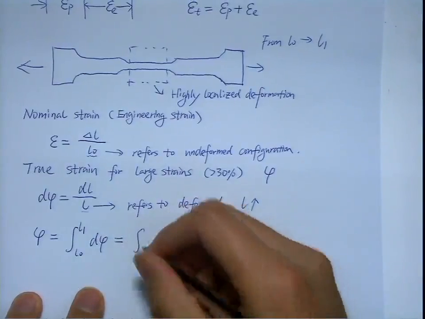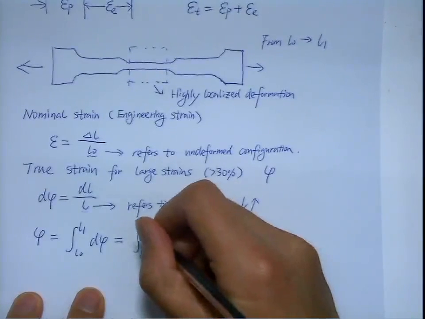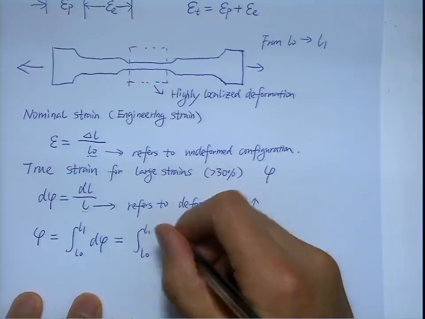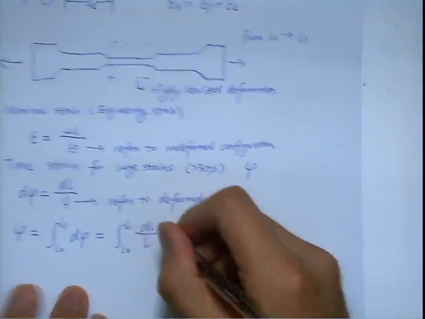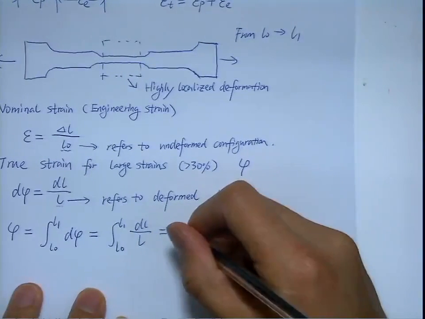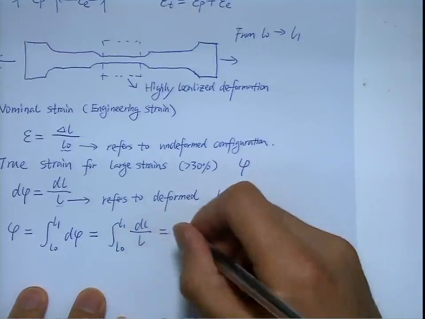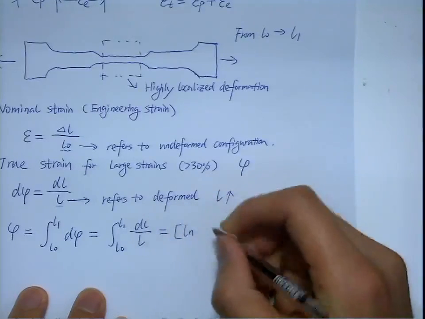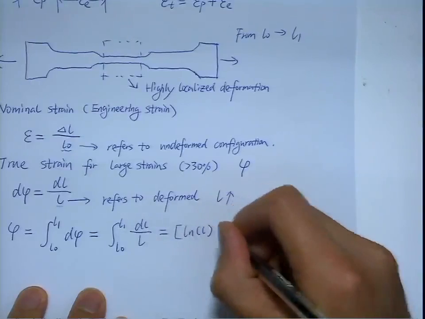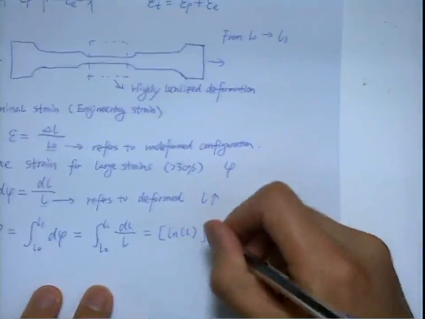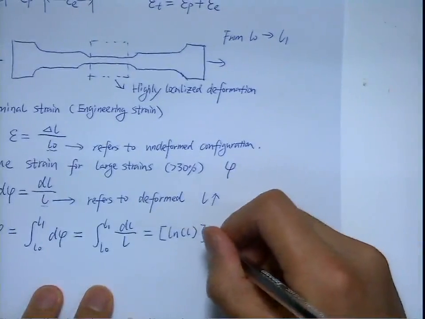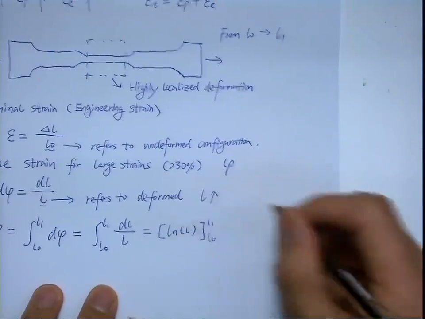And we do some math just to work out the result. If you remember, the integral of 1 over L is ln L, from L0 to L1.